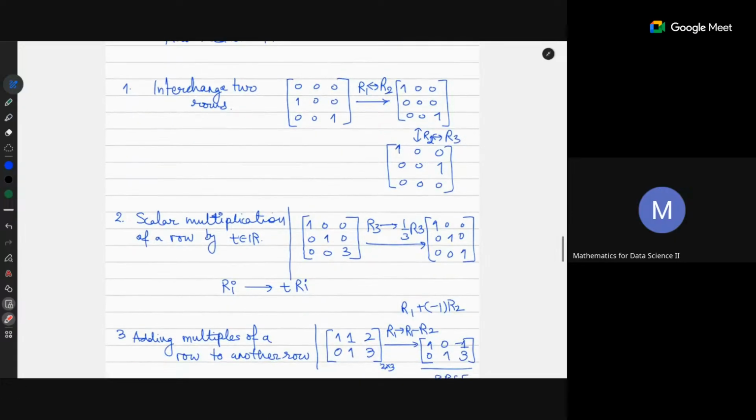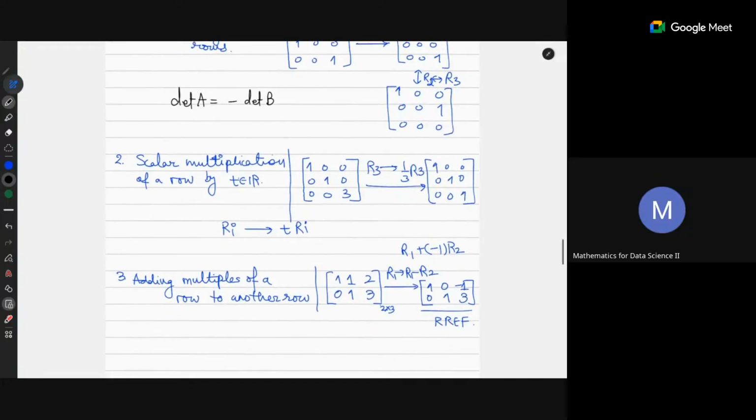Similarly, scalar multiplication by a non-zero constant will correspond to the scalar being multiplied to the determinant. So let's say this is A and this is B, then determinant of A is equal to minus the determinant of B, as we have seen, if you perform it on a square matrix.